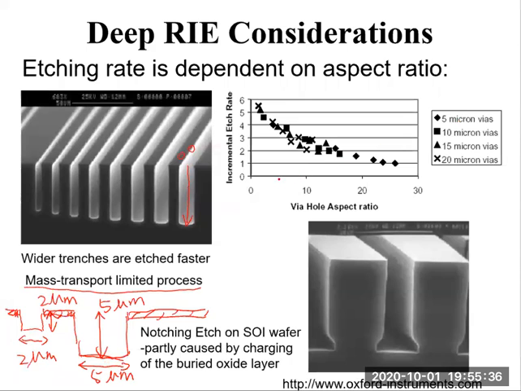As we can observe in this figure, the etch rate is a function of aspect ratio. The higher the aspect ratio, the smaller the etch rate. So that's the issue of RIE lag, the dependence of etching rate on aspect ratio.